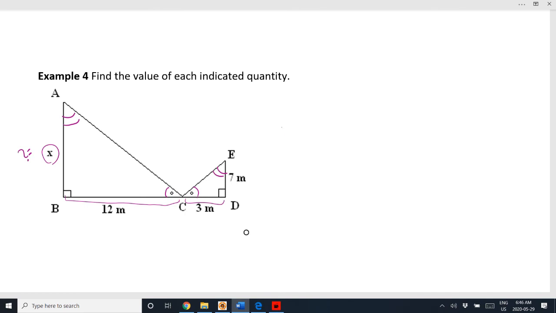So we know B to C over C to D will be equal in proportion to A to B and E to D. So what do we know here? We know B to C is 12 centimeters. We know C to D is 3. And this is equal to A to B, which we don't know, which is x, and E to D, which is 7.